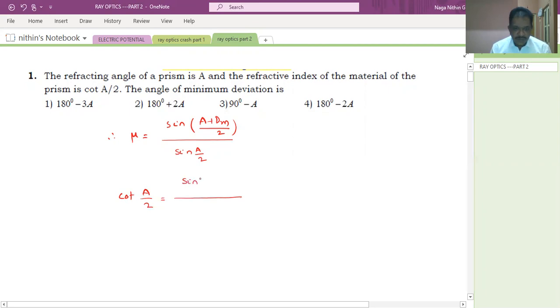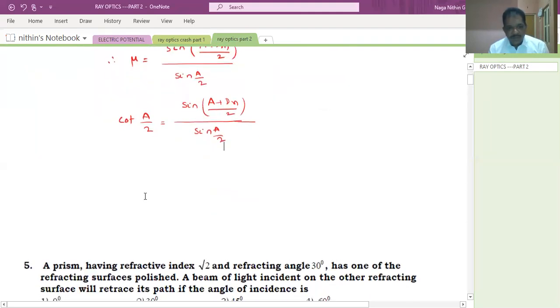This is equal to sine of A plus dm by 2 divided by sine A by 2. Now cot A by 2 we can write as cos A by 2 by sine A by 2. Cos A by 2 divided by sine A by 2 is equal to sine of A plus dm by 2 by sine A by 2.